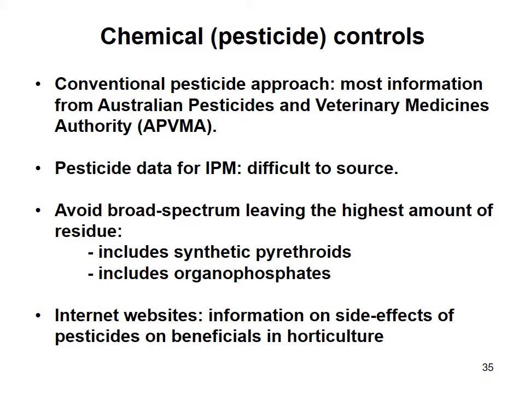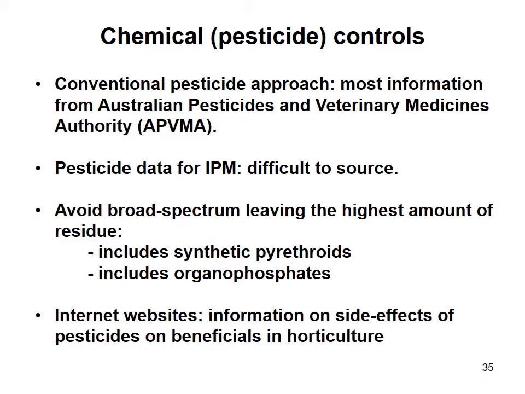If we consider the conventional pesticide approach, most information is readily available from the Australian Pesticides and Veterinary Medicines Authority, APVMA. But the problem is there's no demand from farmers to know information on the effects of these chemicals on beneficials. So it's difficult to source this information for the IPM approach.